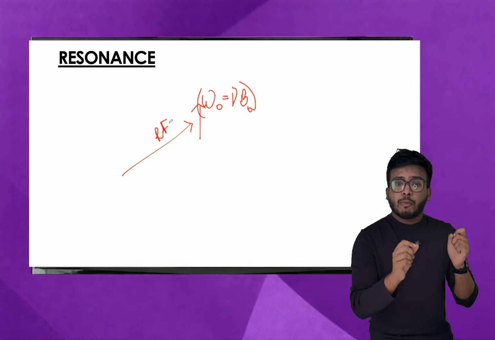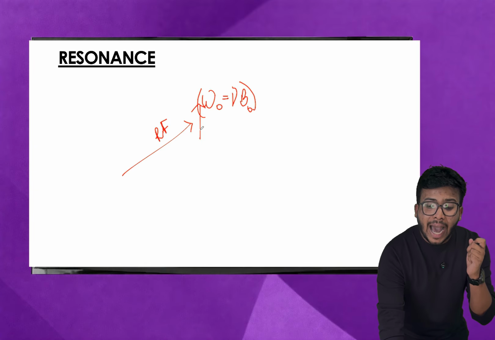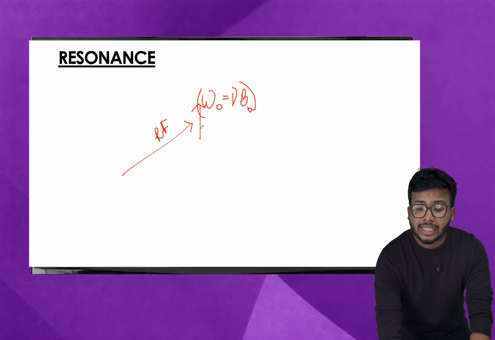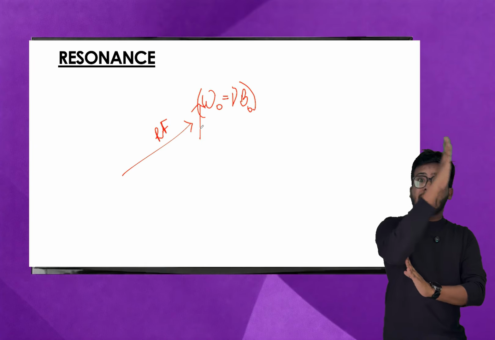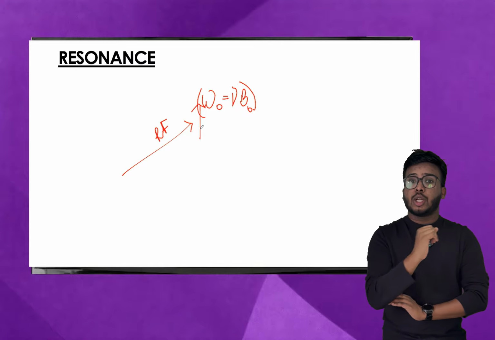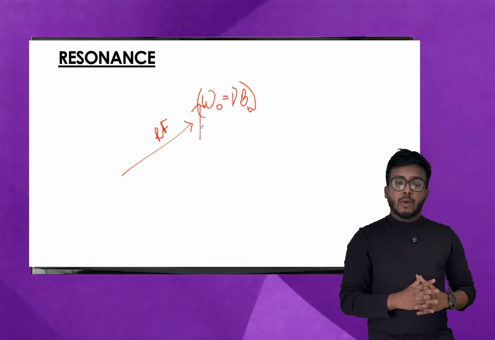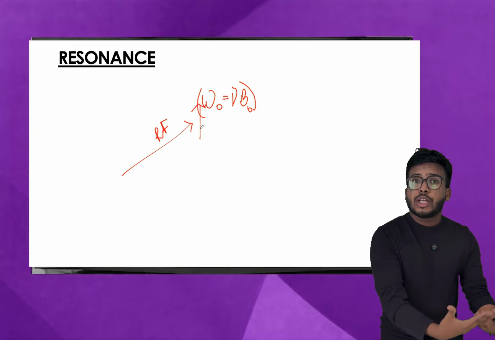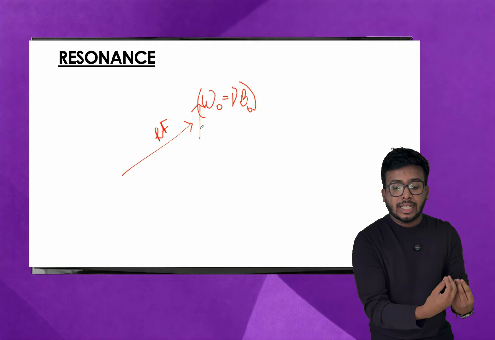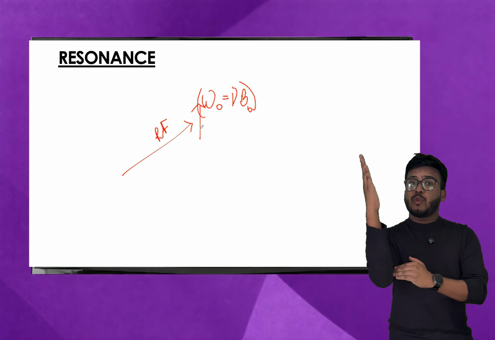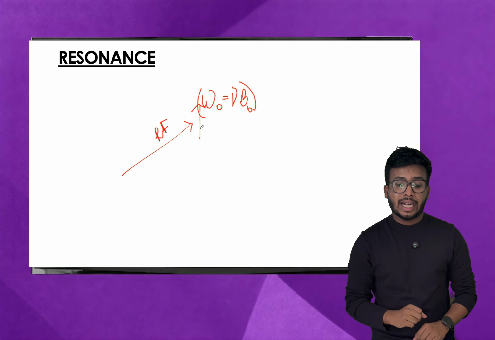Like that, the protons in the parallel direction, or longitudinal magnetization, have a tendency to come down to the anti-parallel direction or transverse magnetization, but they don't have the energy. By giving a matching frequency, or by resonance, they will gain that energy to flip into transverse magnetization.